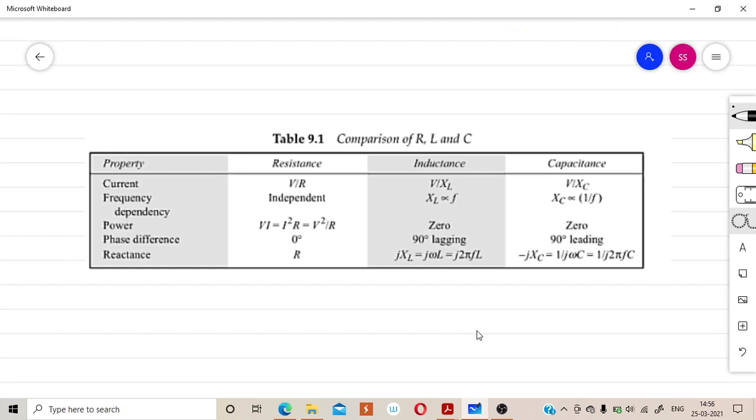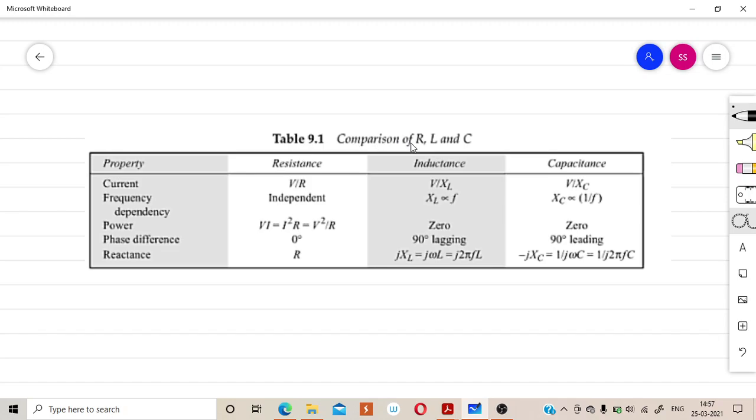So far we have discussed R alone, L alone and C alone AC circuits and their behavior, that is the phasor relationship. So we will summarize the entire discussion in a tabular column like this, with the properties against resistance, inductance and capacitance. That means a resistor alone, an inductor alone, and a capacitor alone connected to the AC source.